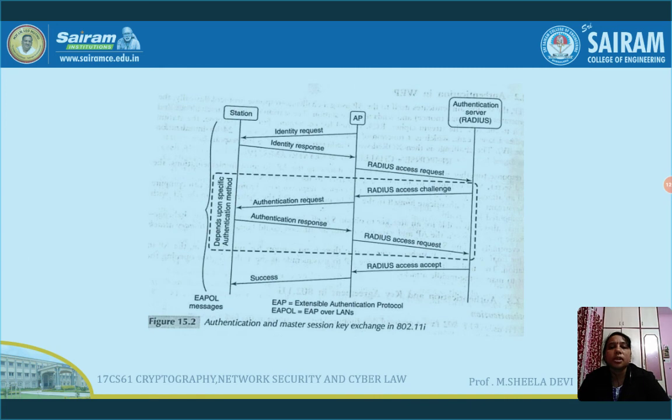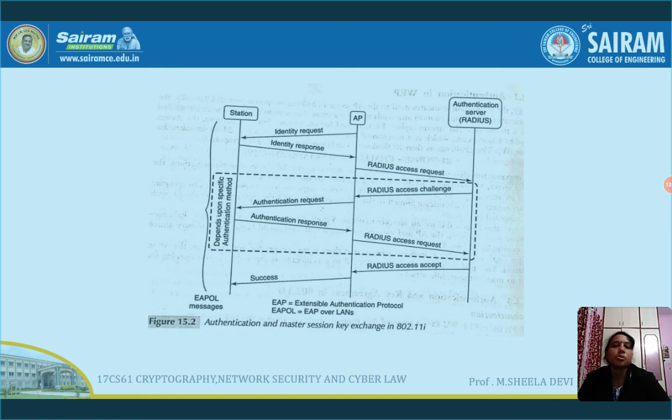Yes, the diagram is shown here. First step is an identity request given to the station by the access point. For that, an identity response is given, then it is sent to the RADIUS server as a RADIUS access request. To access the RADIUS server, the access point gives the request, then it gives the challenge.